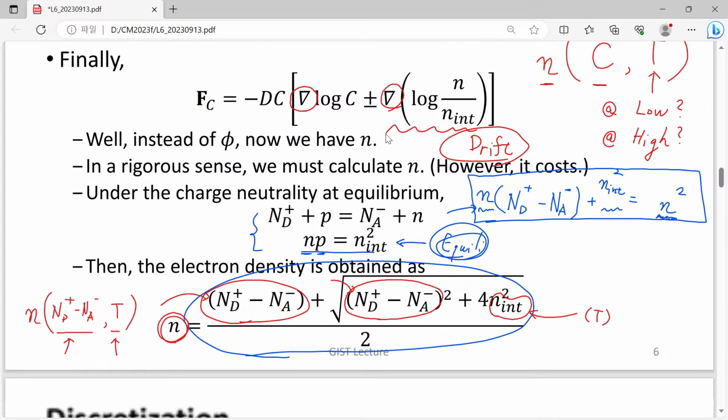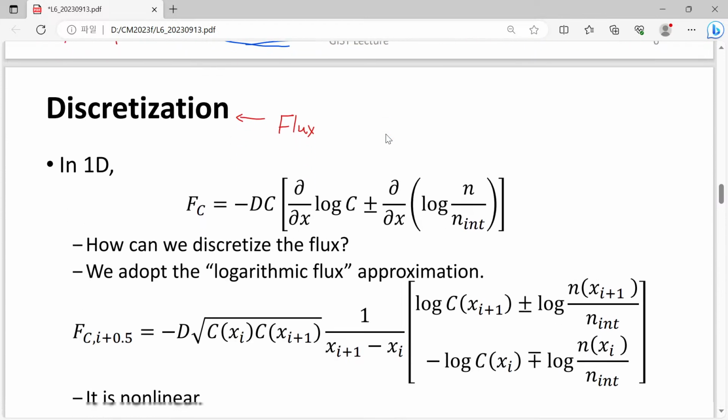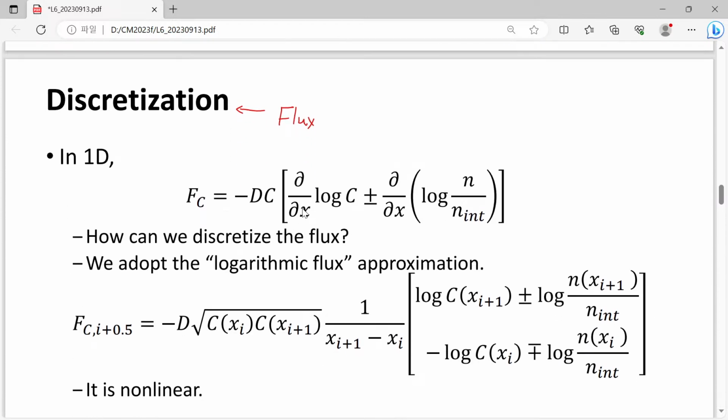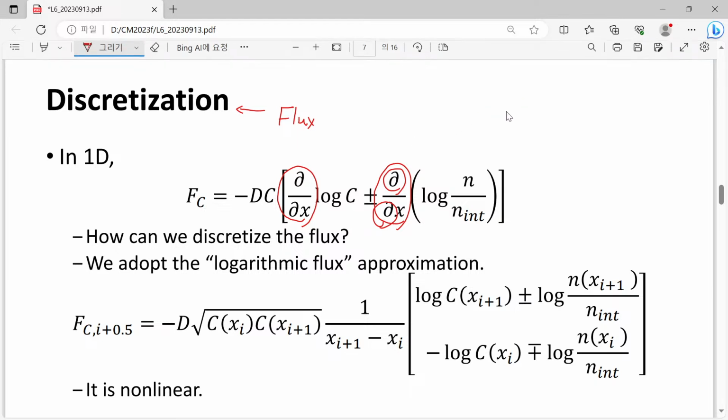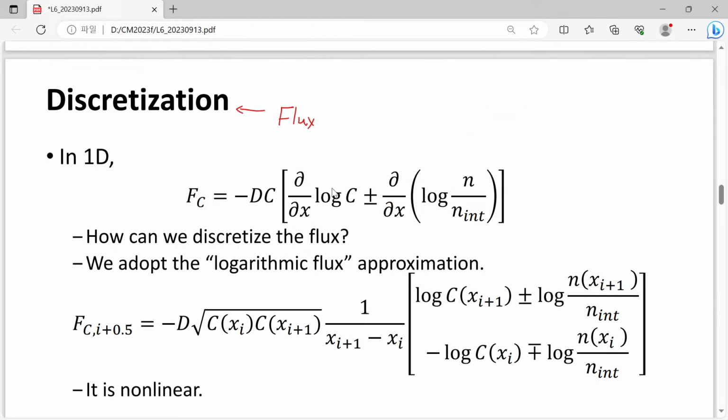But if we restrict ourselves to the 1D case, then this gradient becomes just a partial derivative with respect to position x. Why do we still have a partial derivative? Because in this system we also have the dependence on time. That's the simple reason why I use the partial derivative here.